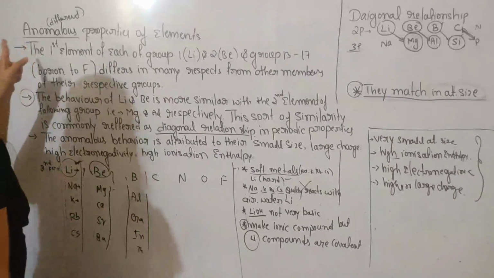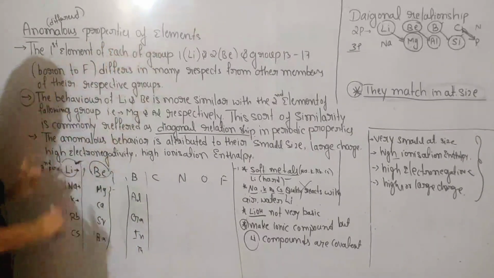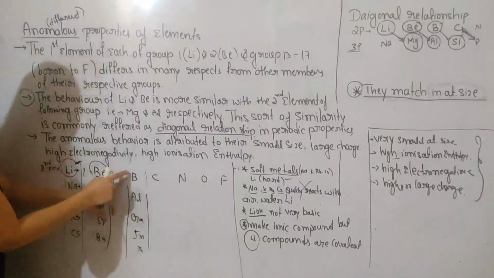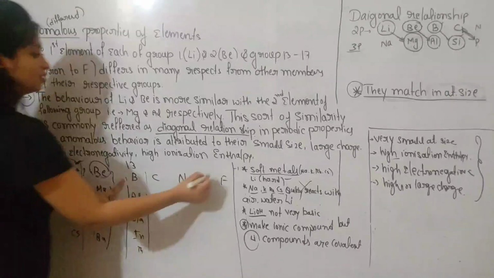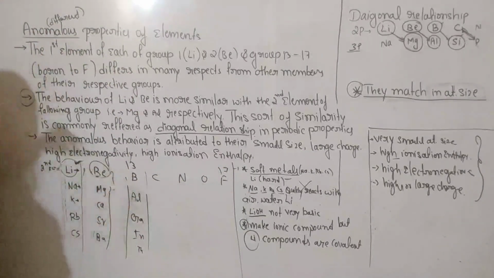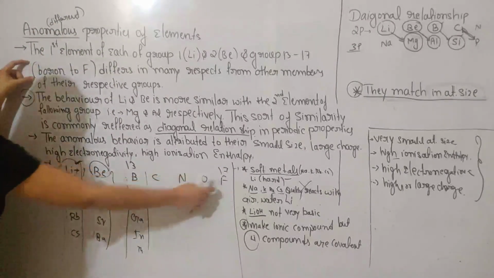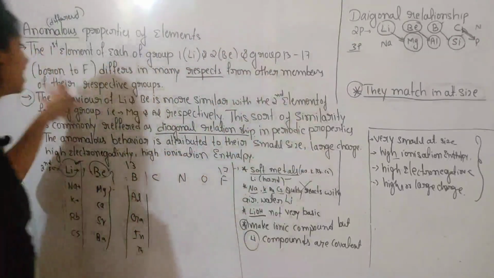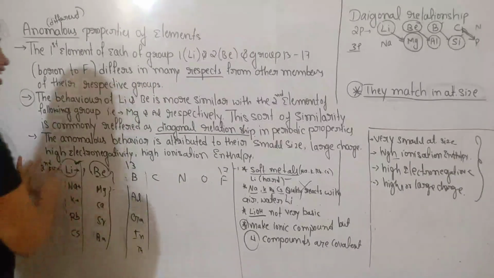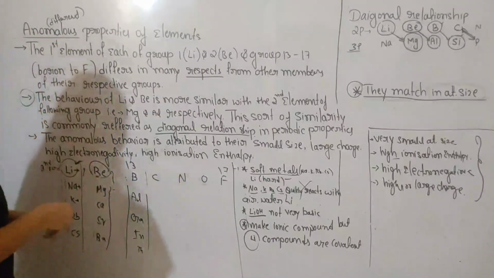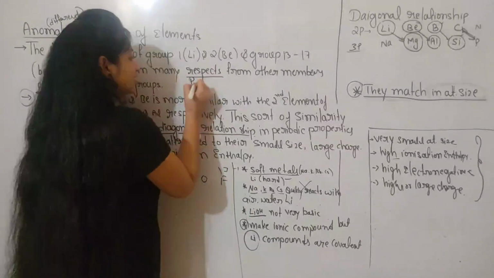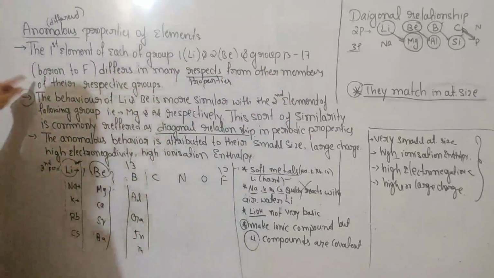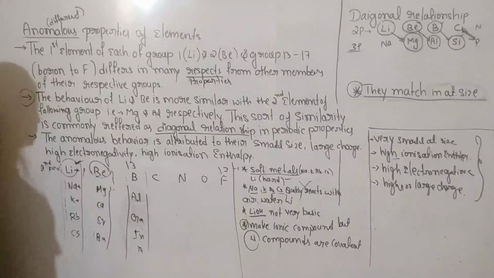So see here, the first element of each group, lithium, beryllium, and the group 13 to 17, means boron belongs to the 13th group and fluorine belongs to the 17th group. Boron to fluorine differ in many respects from other members of their respective groups, means they show different properties from the other members of their respective groups.